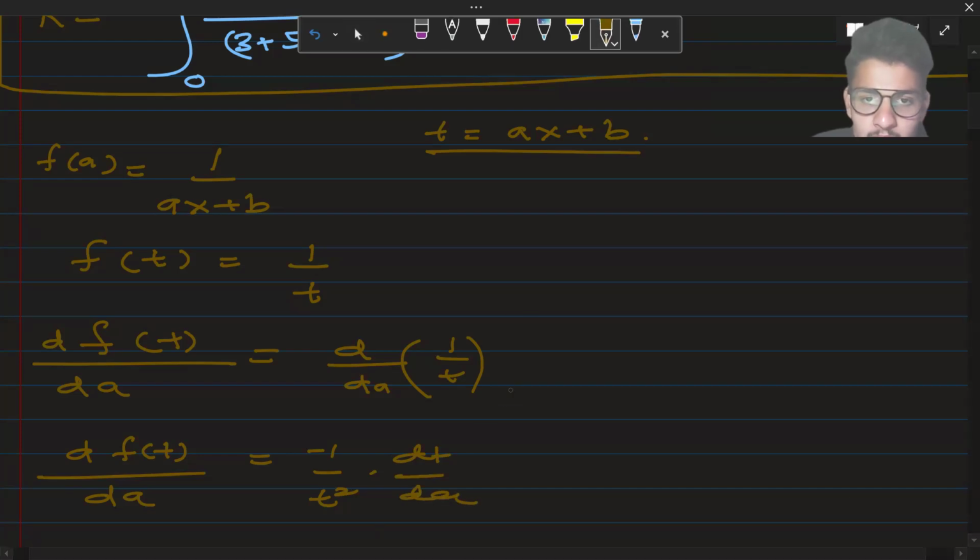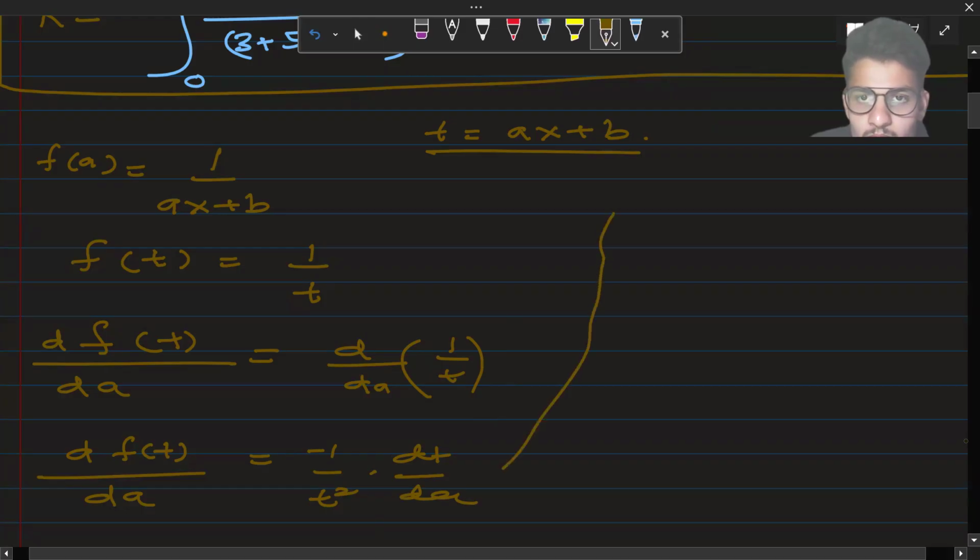Okay. What is t now? t is ax plus b. So you will see minus 1 by ax plus b whole square into x.